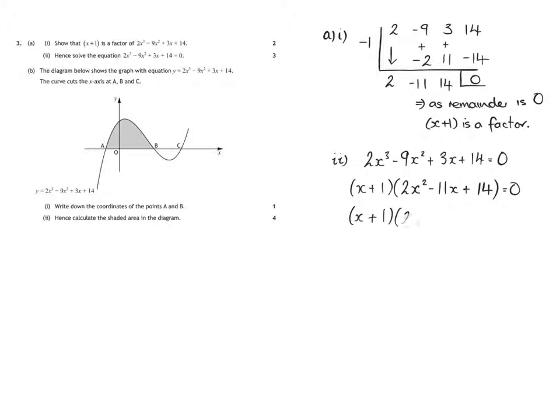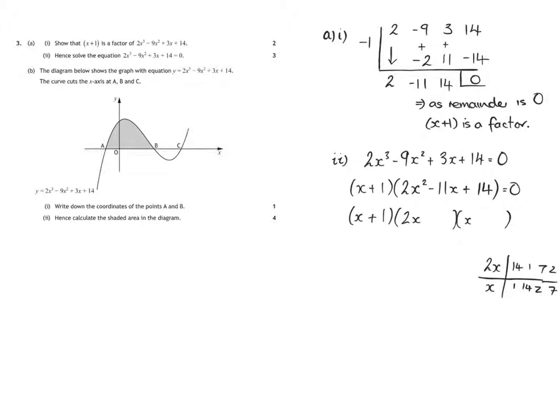So 2x squared is going to have to be 2x and x, and so we're looking for the numbers for this. So we have 2x and we have x, and so we've got 14, so it's either going to be 14 and 1, 1 and 14, 7 and 2, or 2 and 7.